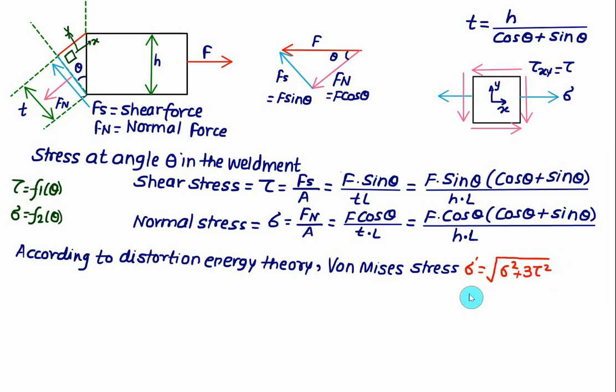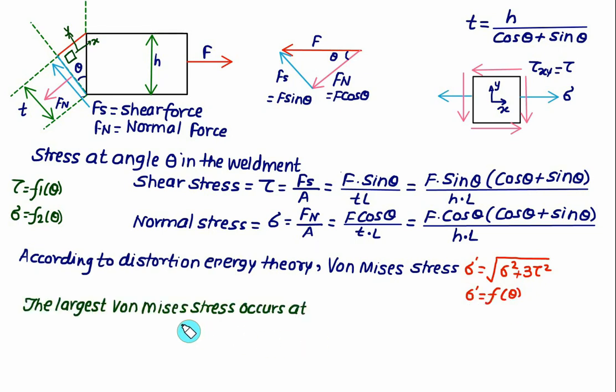This value of sigma prime is also a function of theta. So the normal stress is a function, the shear stress is a function, and the von Mises stress is also a function. The largest von Mises stress will occur at a particular value of theta. The largest von Mises stress occurs at theta equal to 62.5, and the corresponding maximum value of von Mises stress, sigma max, is equal to 2.16 times F divided by HL.